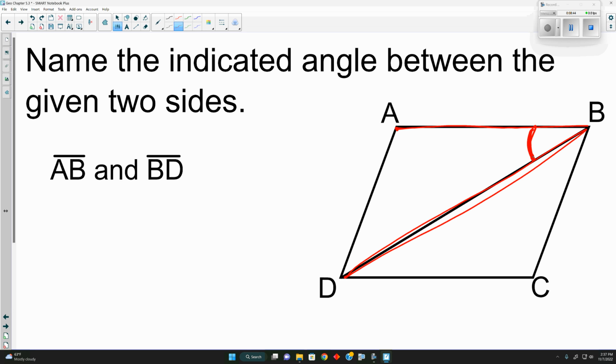And what would that angle be? ABD, or angle DBA. We cannot name it angle B because there's more than one angle there. So it's one of these two here. Questions on this here?